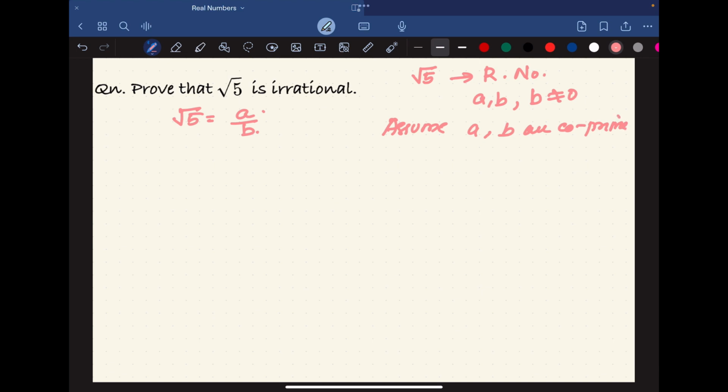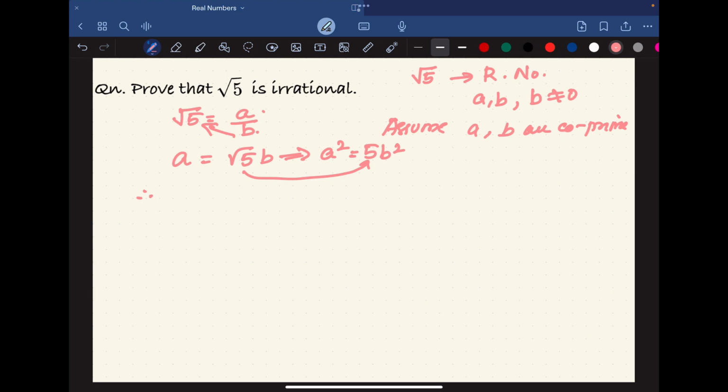Okay, so we can write a is equal to root 5 b, just cross multiply this, and therefore what can we write? a square is equal to 5b square. How does this become 5? Root 5 the whole square is 5. Therefore, now we can apply the theorem. What was the theorem you have learned related to this?